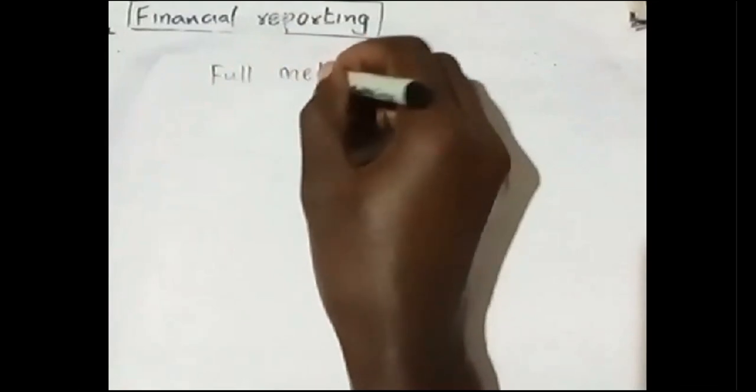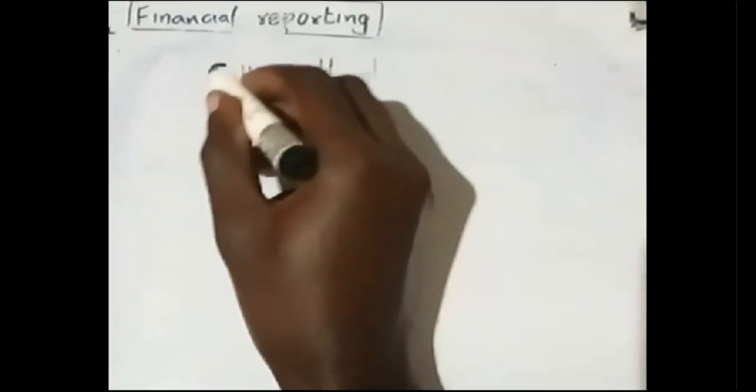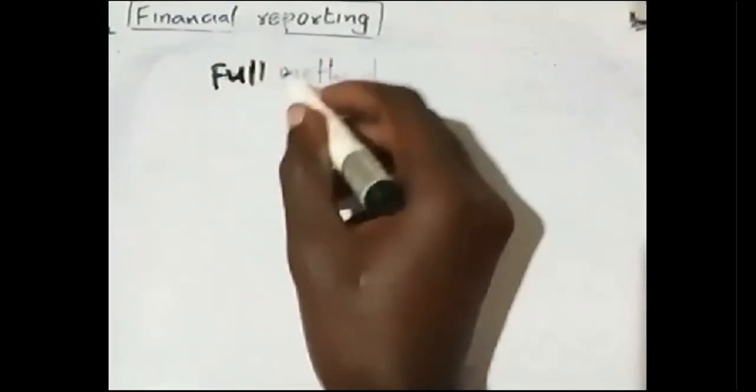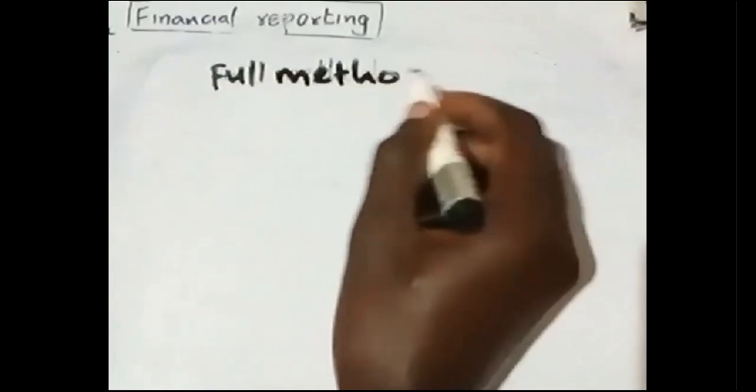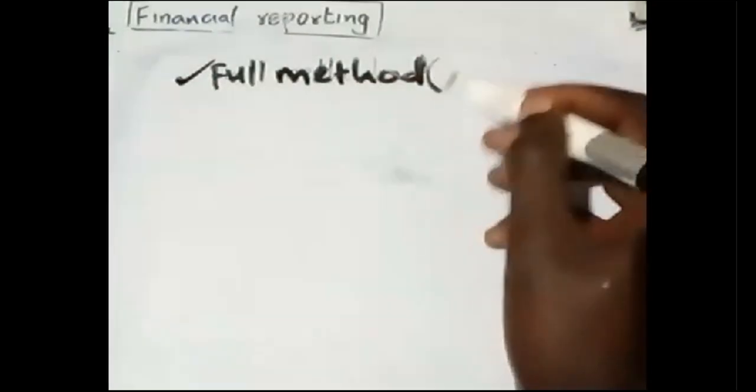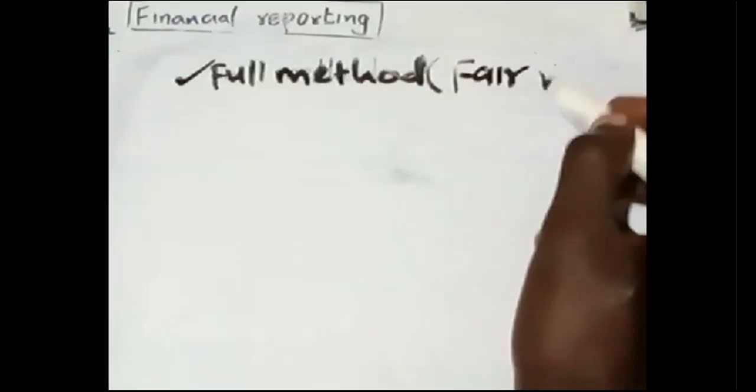Yes. So when you are talking about the full method of computing goodwill, you must be provided with the fair value of the NCI. The NCI must be measured at its fair value. That is the full method, and sometimes we call it the fair value method.